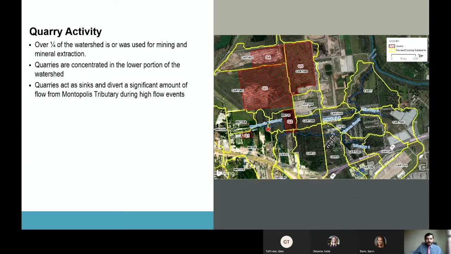The importance of those quarries is that they act as a sink and provide a lot of flood storage for this area, especially when the Montopolis trib and Trib 4 get overtopped. All the water goes into these quarries and gets stored in those quarries.